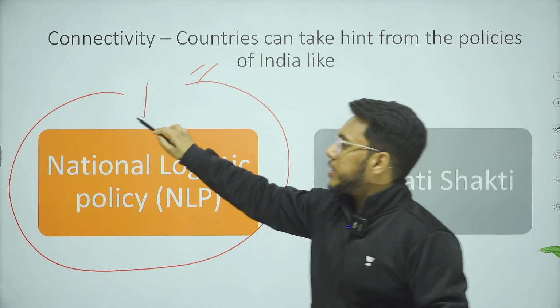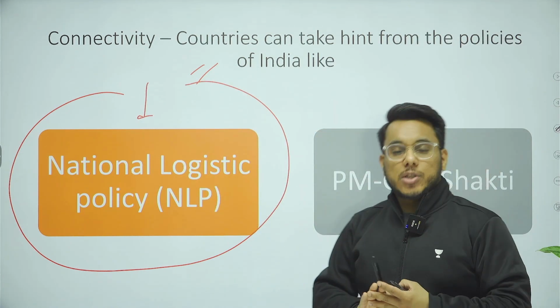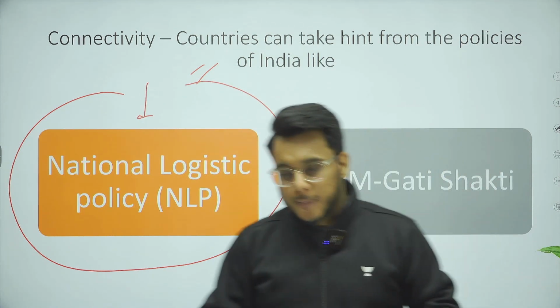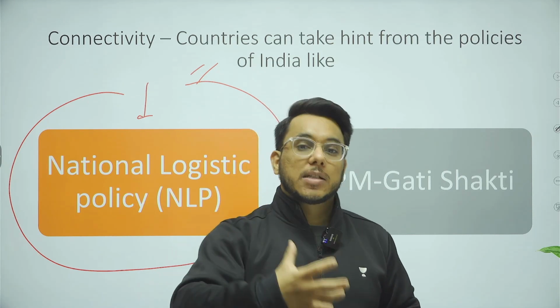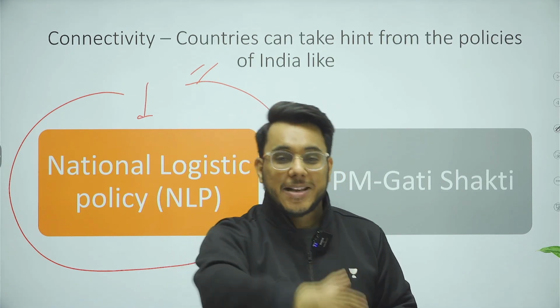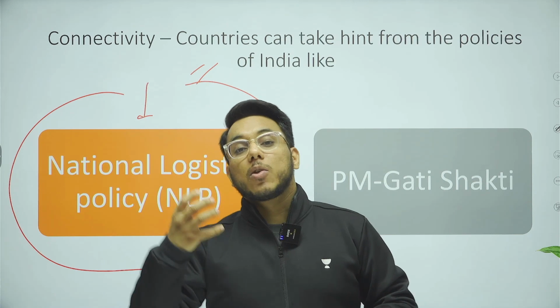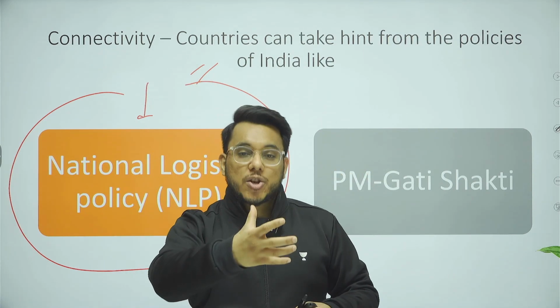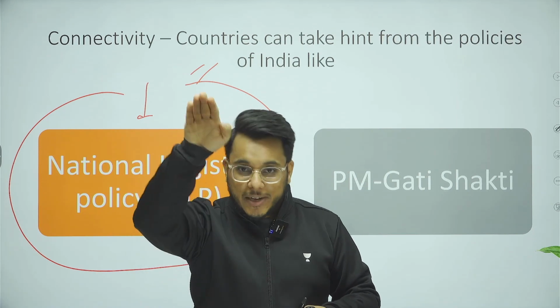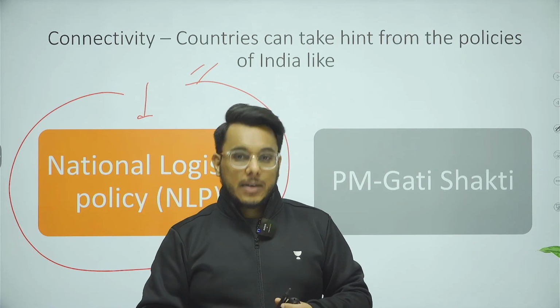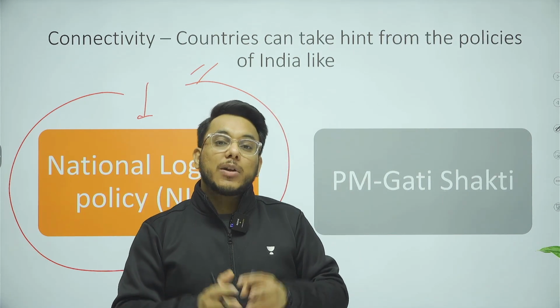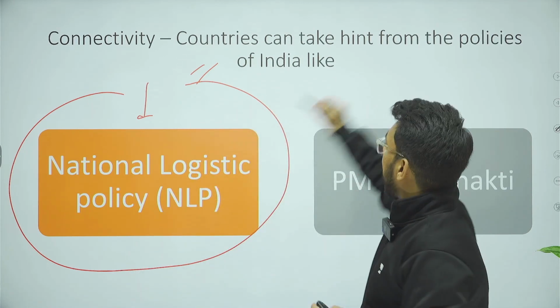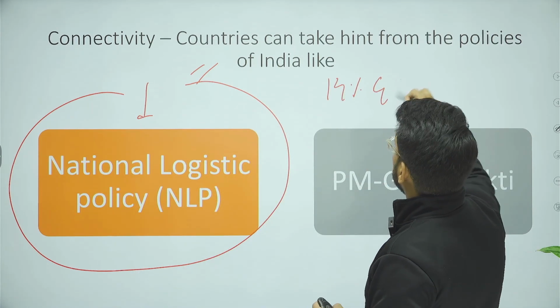National Logistic Policy. Now, what is the National Logistic Policy all about? See, when we talk about transportation of goods from one place to another, the transportation cost is actually very high in India. Because transportation cost is high, many times the export competitiveness of India also comes down. Today, transportation cost in India is around 14% of GDP.